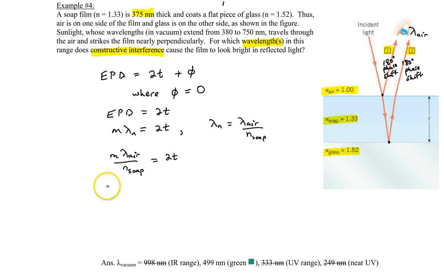And we're solving for the lambda in the air. So lambda in the air will be equal to 2t times the index of refraction of soap divided by our order number m. Now we're looking for what light you can visibly see.